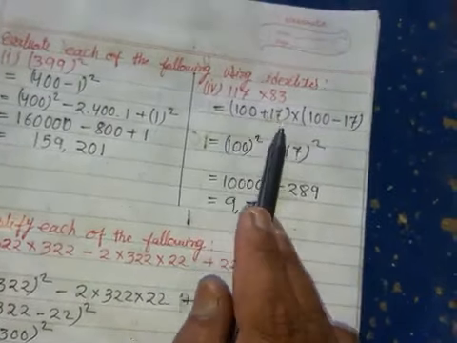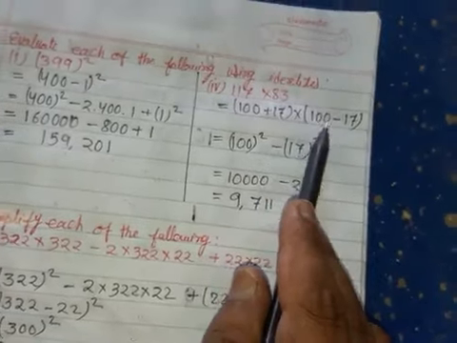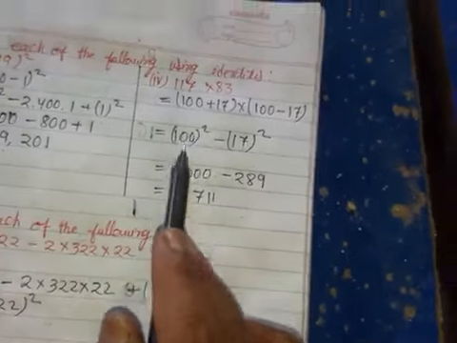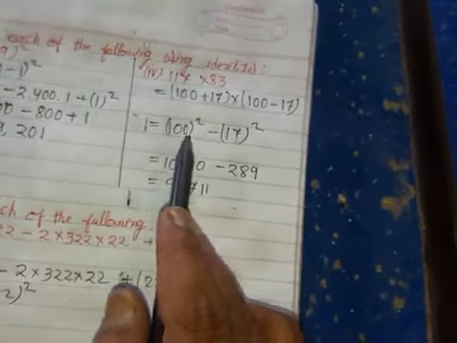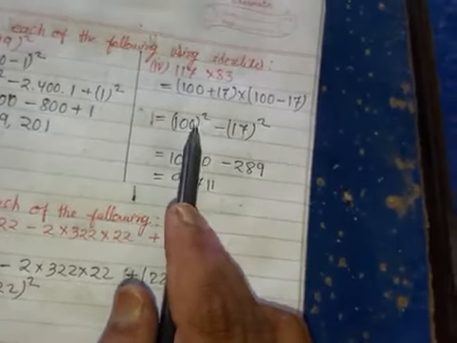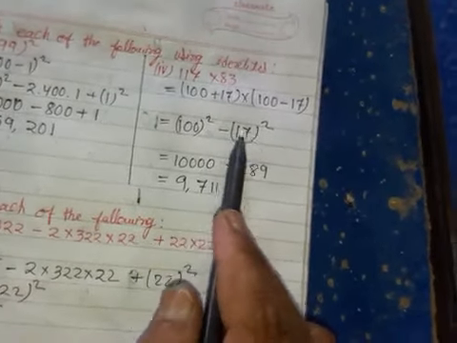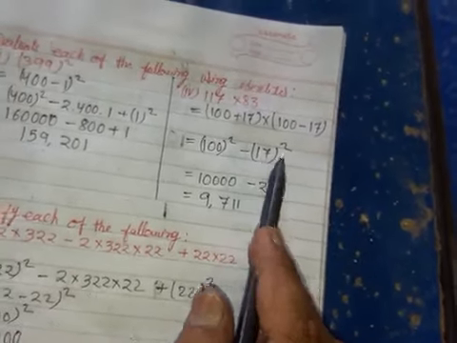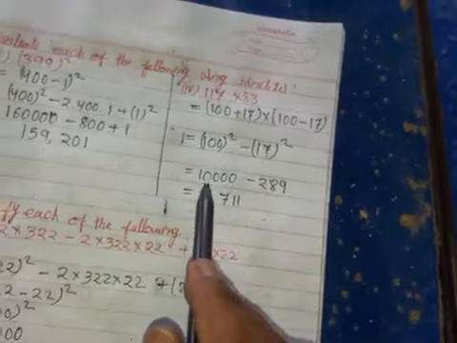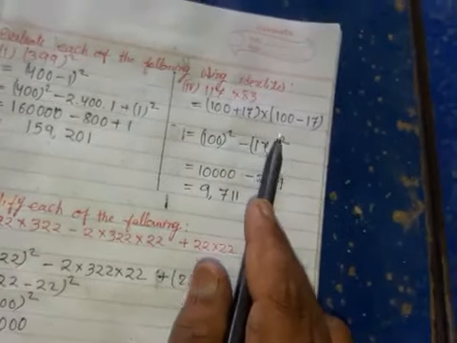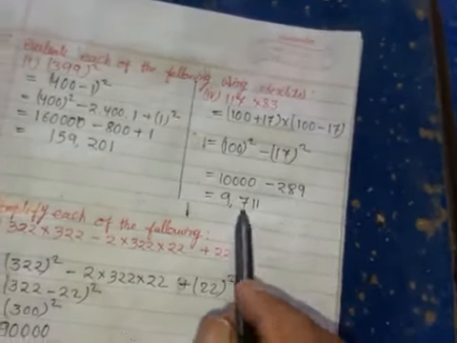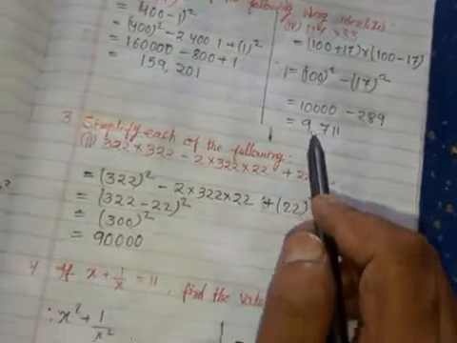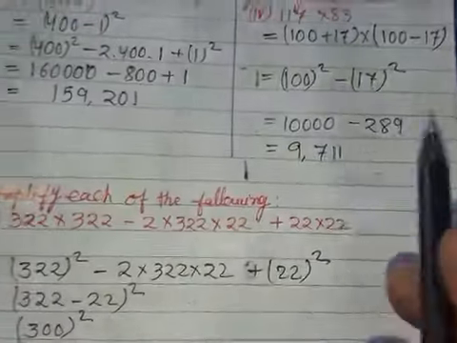So this is (a + b)(a − b), which is the formula a² − b². So we get 100 in the place of a and 17 in the place of b: 100² − 17². What is 100 squared? It is 10,000, minus the square of 17, which is 289. When we subtract it, we get 9,711.